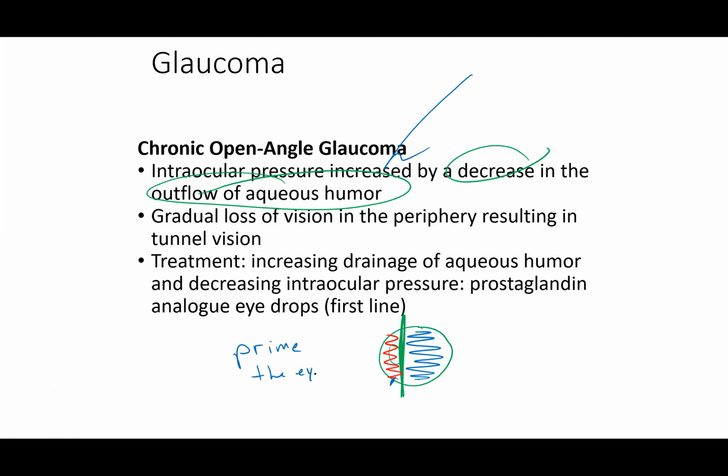the eye. Okay. So you can look at the eye right now like just simply a fluid filled ball where circulation is not able to happen properly unless you prime it.